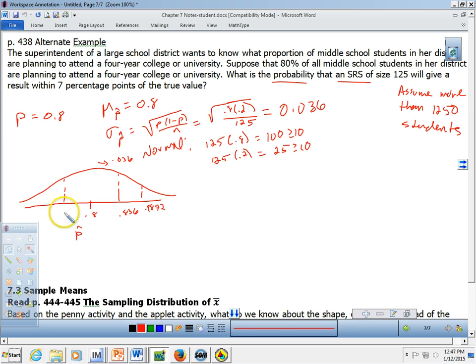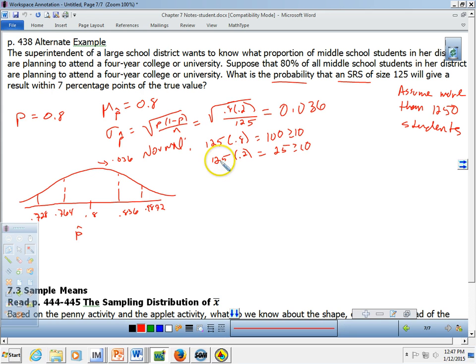Then we subtract here. This is always hard for me: 0.764 and 0.73, I think 28. Check my math there, but I think that's right.